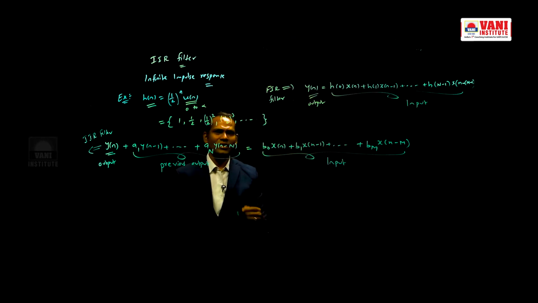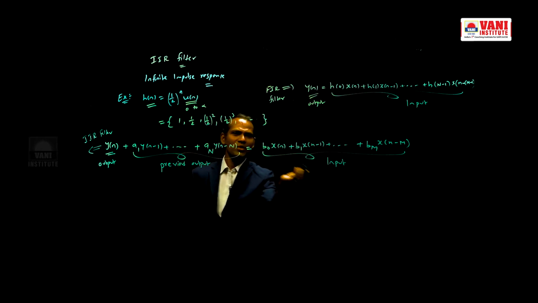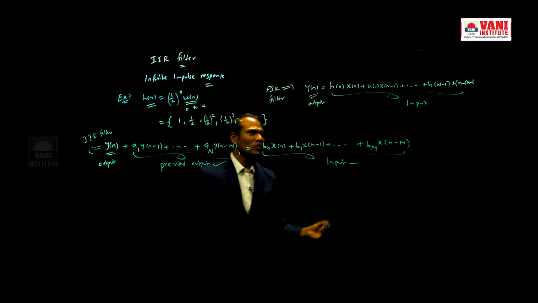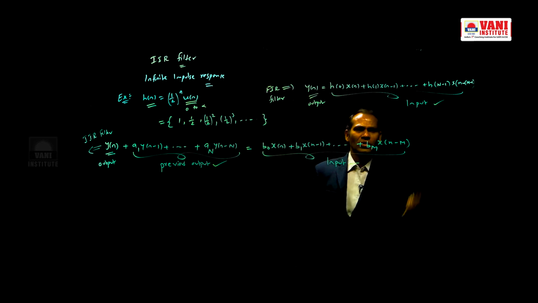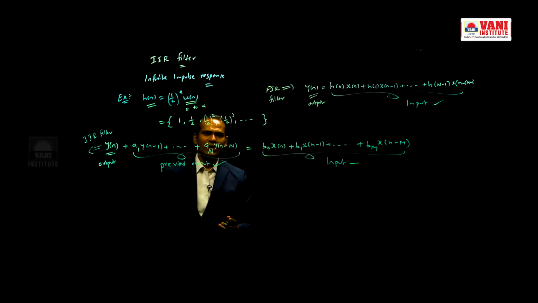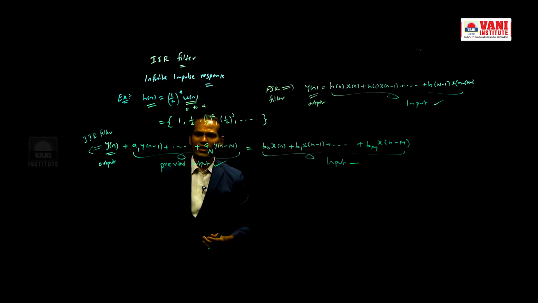FIR filter depends on only input, whereas IIR filter depends on input and previous output. That is the difference in the input output relation between FIR filter and IIR filter.